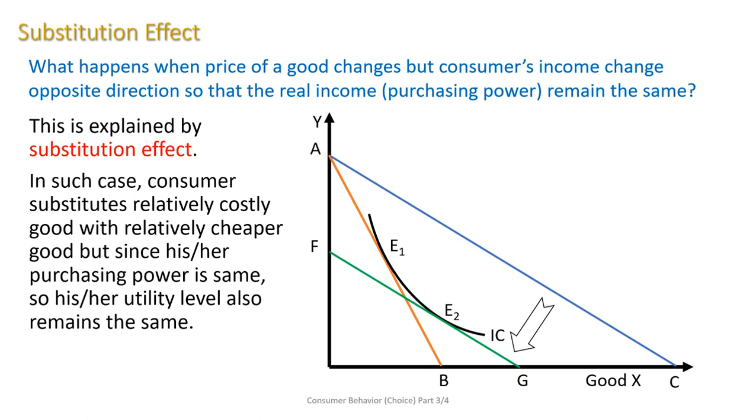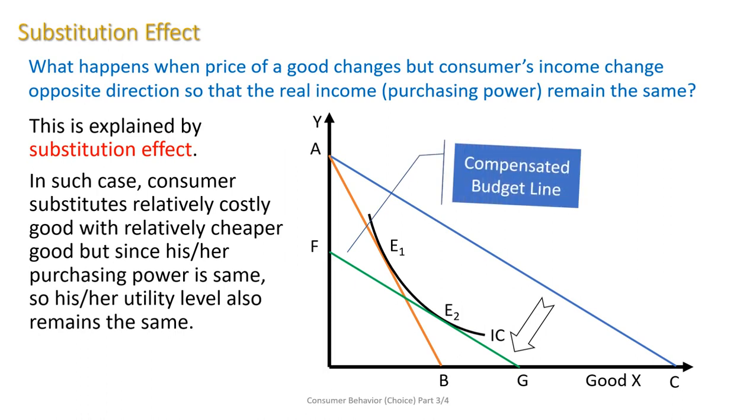This happens when the new budget line, which is also called the compensated budget line, represented by FG, becomes tangent to the original indifference curve at point E2.